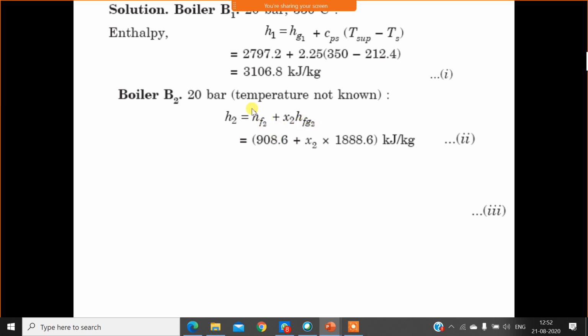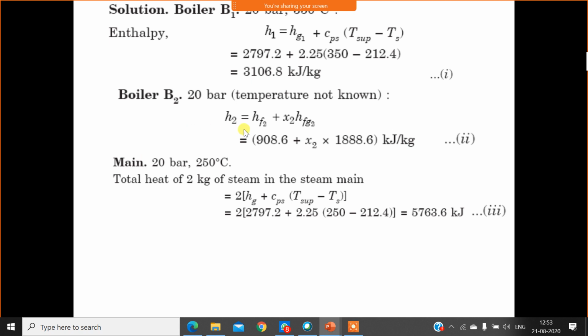Now we will take the values of HF2 and HFG2 from the steam table at 20 bar. The value of HF2 is 908.6 and HFG2 is 1888.6 kilojoule per kg. We don't have the values of enthalpy and X, so we'll keep them as they are for now. We'll start with the main.